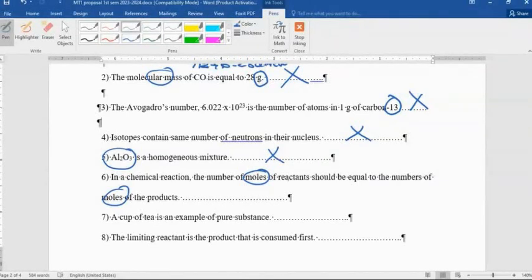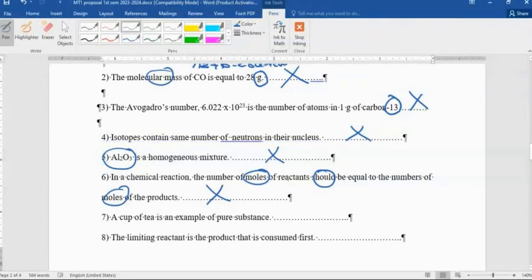The number of moles of the reactant could be equal, could be different, could be higher than the number of moles of the product, or could be lower than the number of moles of the product. But here it told me what should. Necessarily, wrong. So this one is wrong. So how can I correct this answer?